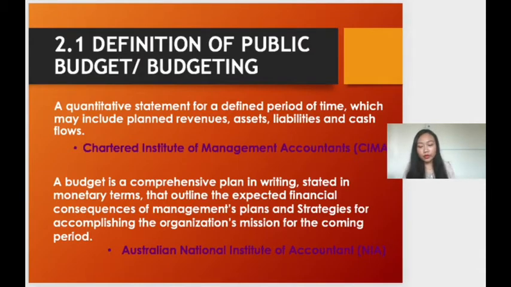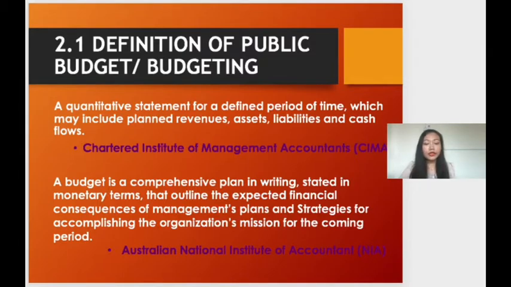Alright, the next one, according to Australian National Institute of Accountant or NIA, a budget is a comprehensive plan in writing, stated in monetary terms, that outline the expected financial consequences of management's plans and strategies for accomplishing the organization's mission for the coming period.